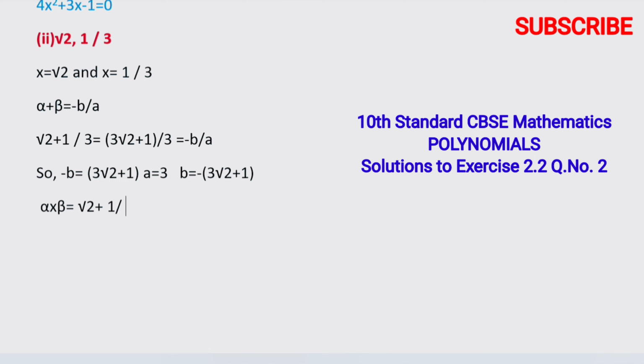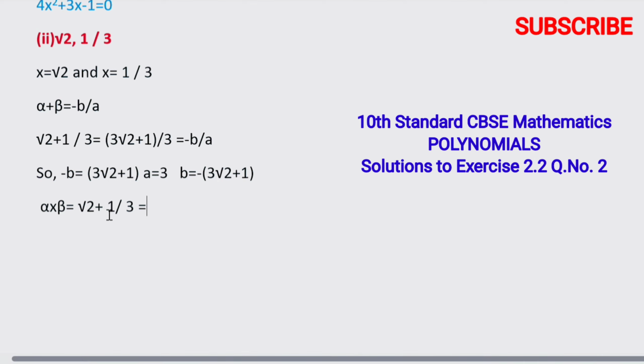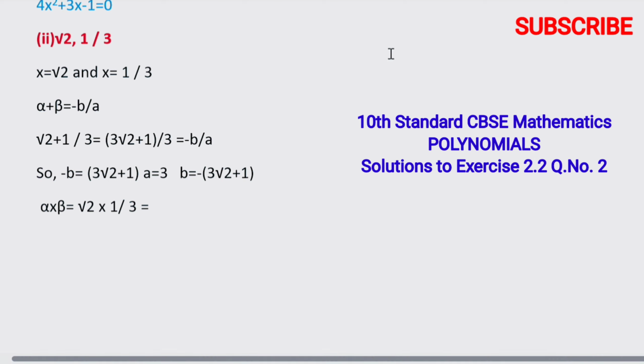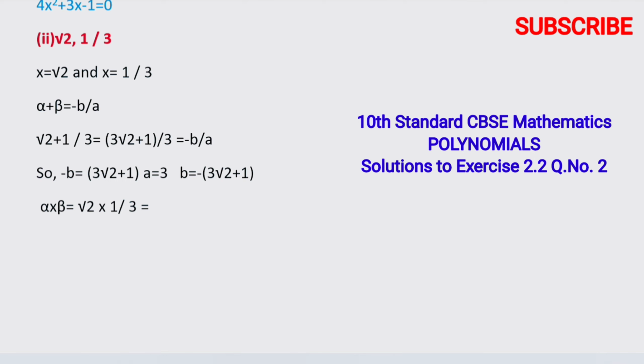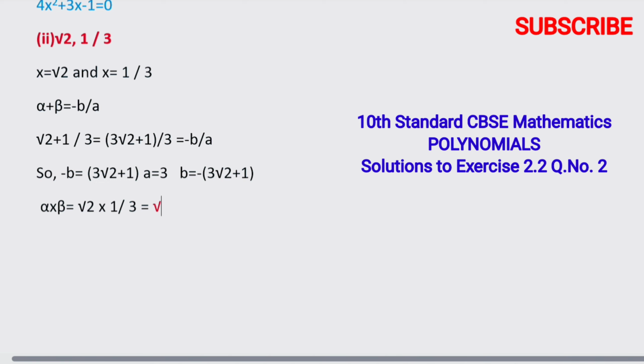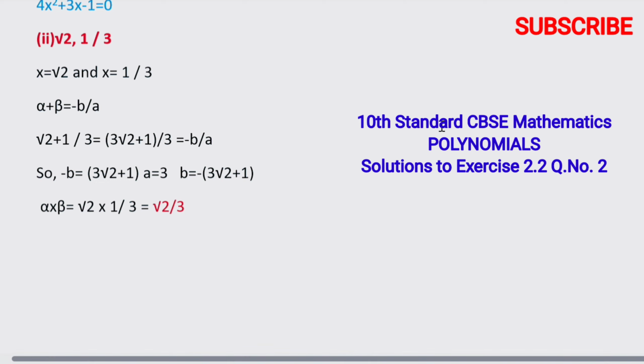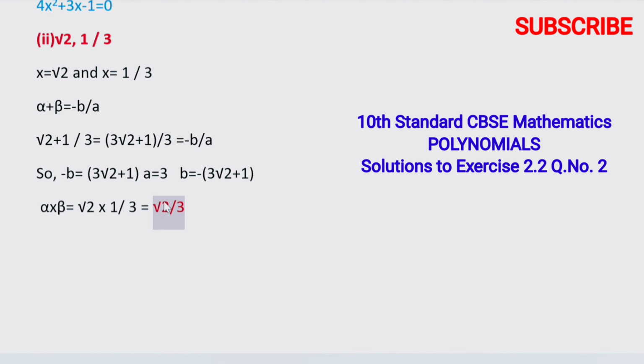Sorry, this is a multiplication of the two zeros, so the result is square root of 2 by 3. This is the answer. Alpha beta equals square root of 2 by 3.